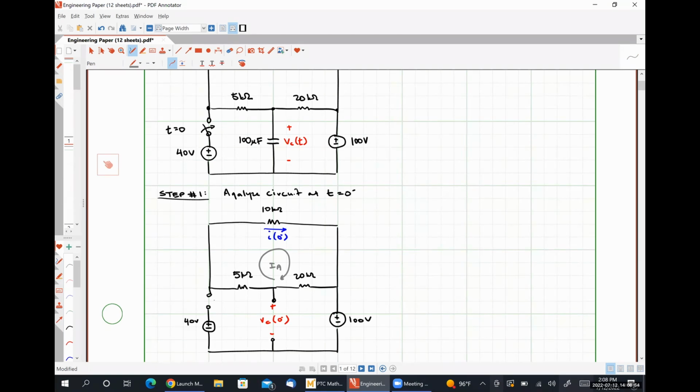So if we applied mesh around this particular loop, we would just have 10 kilo ohms times IA plus 20 kilo ohms times IA plus 5 kilo ohms times IA is equal to 0, which implies that IA has to be 0.